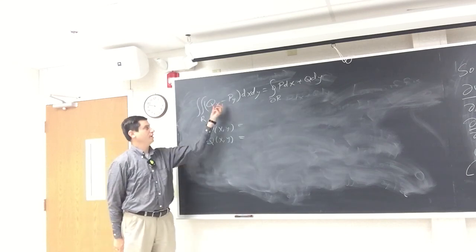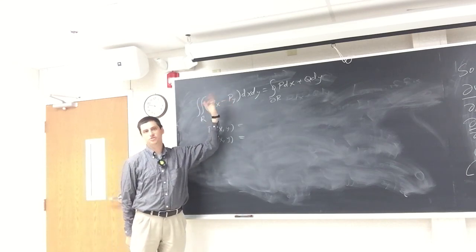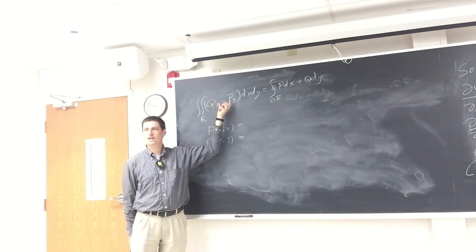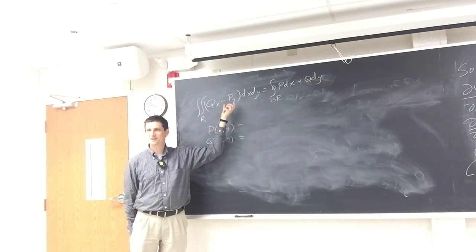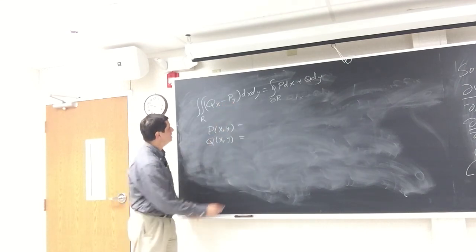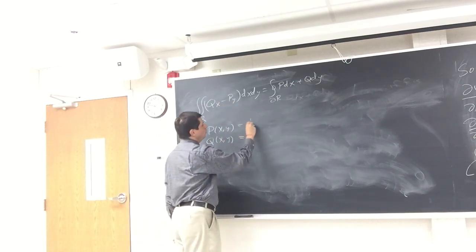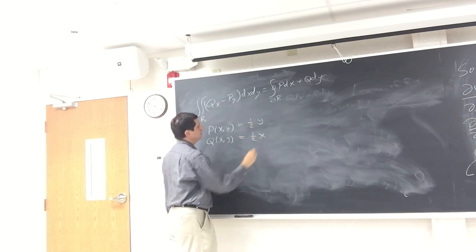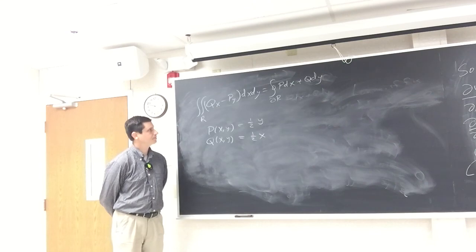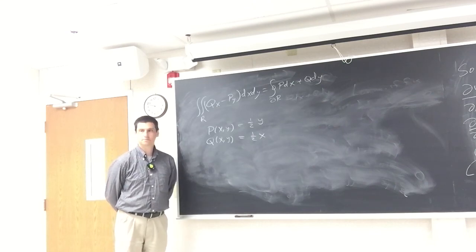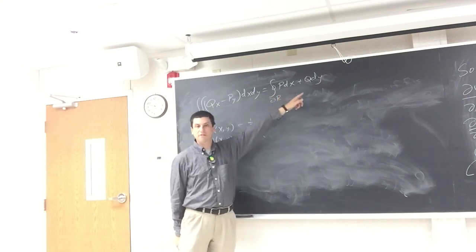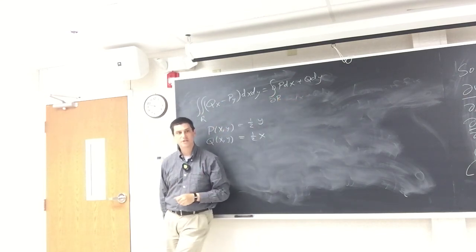So one thing is, I could have q sub x equal p sub y, and then you're just integrating 0. But if I want to have something non-zero here, what would be a good non-zero number to have? 1. If I have 1, what do I get? I get the area. So if I take p of x,y to be 1/2 y, and I take q of x,y to be 1/2 x, then over here, I get a very nice line integral that gives me the area.